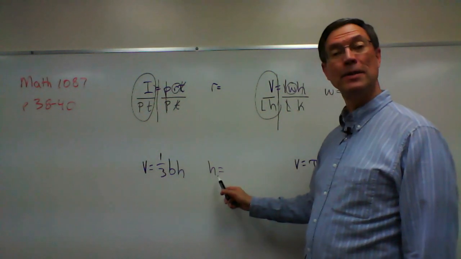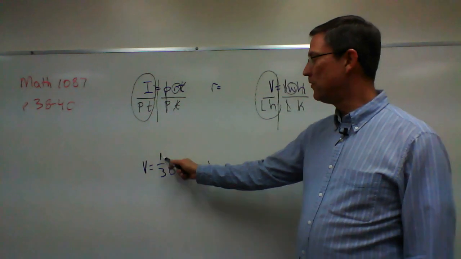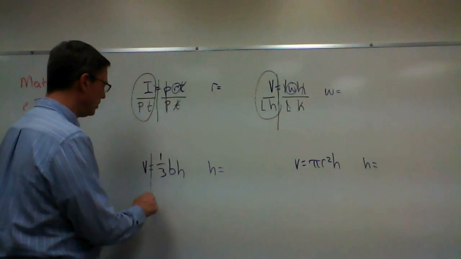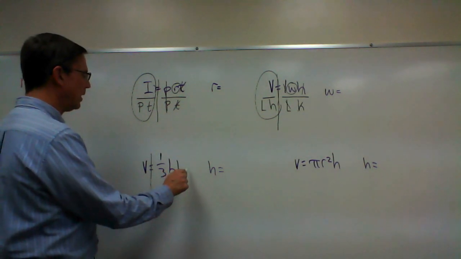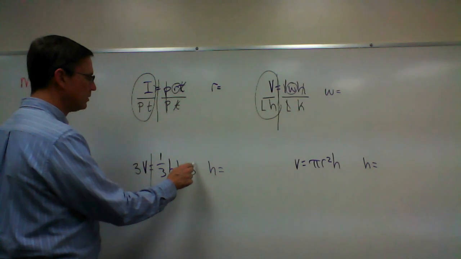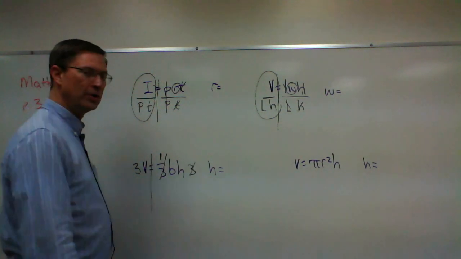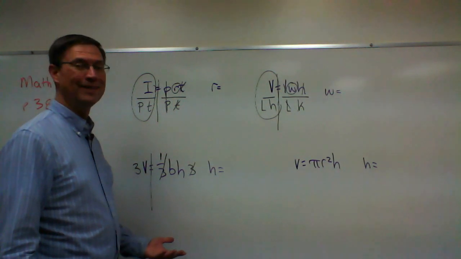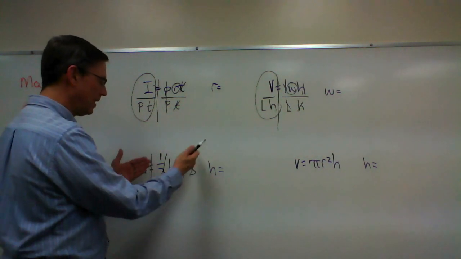So to find the height, because I have this fraction, 1/3, let's talk about what we have to do to get rid of the 1/3. I have to multiply both sides by 3, okay? Because 3 times 1/3 becomes 3 over 3. 3 over 3 is 1, okay? So basically I've canceled it out.